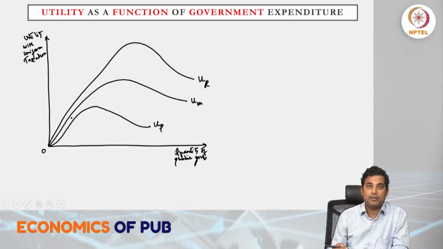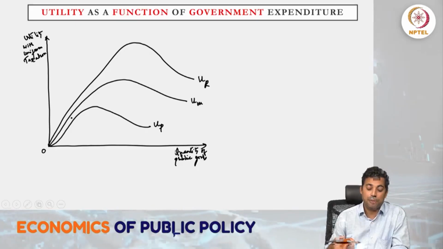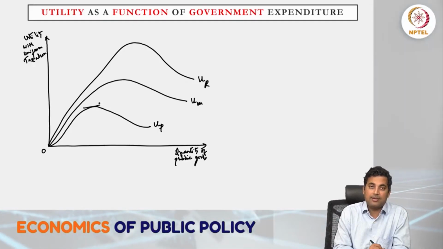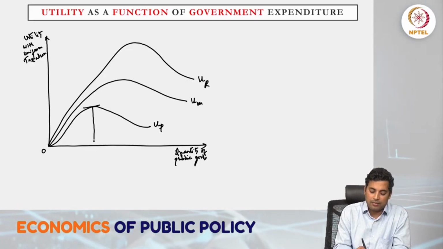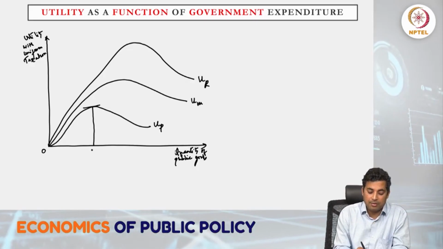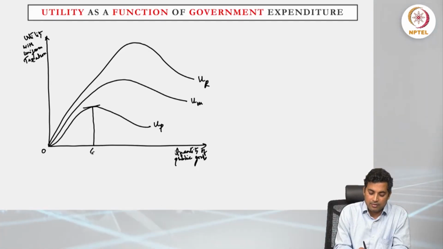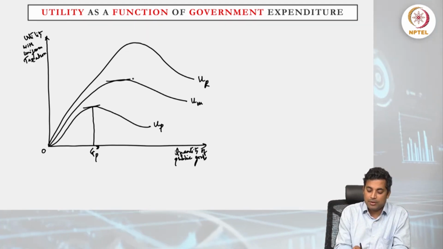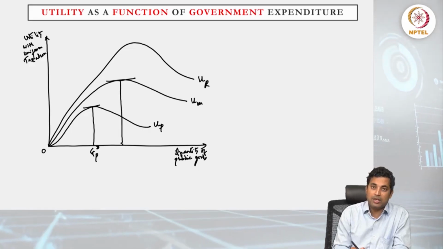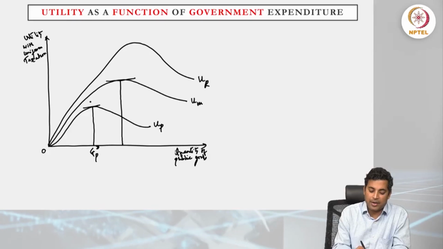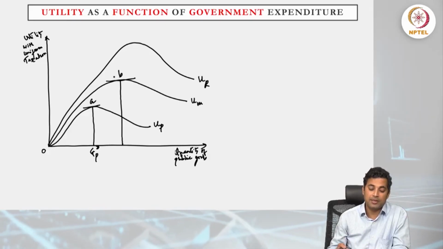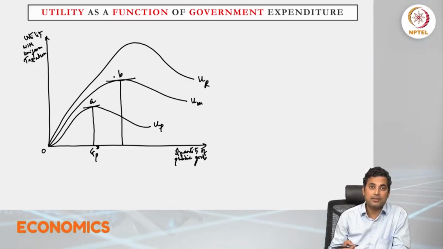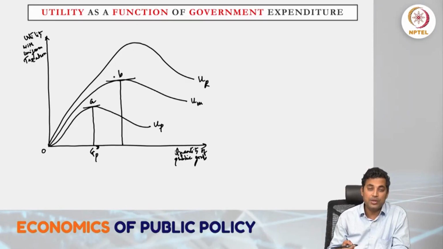So every person or every group has a different utility along with the types of taxation. Here the poor person's utility will be maximum at A, at G star P amount, and at that level the poor person's consumption of the public commodity will be OG star P.